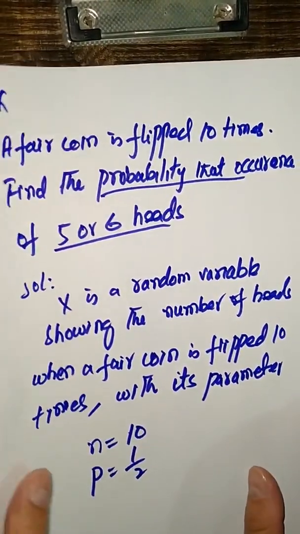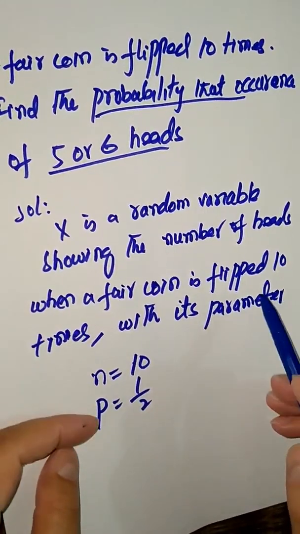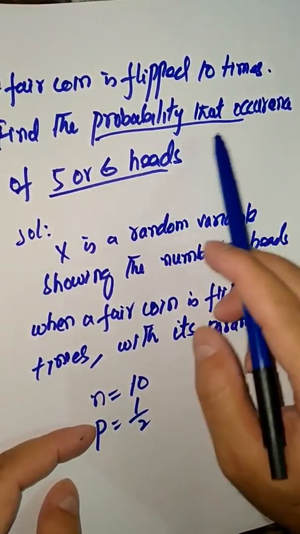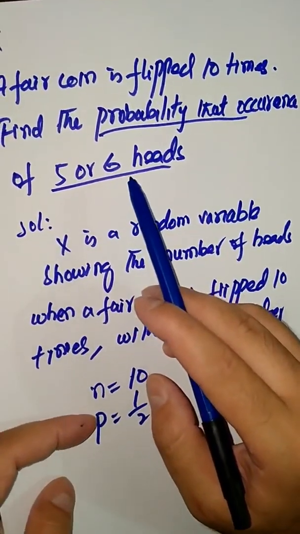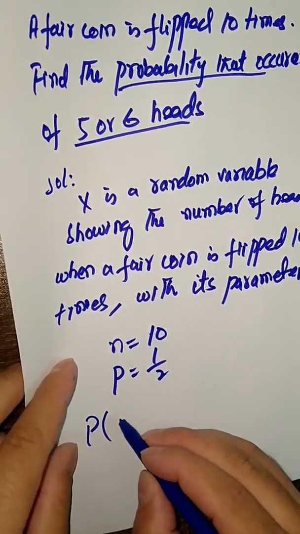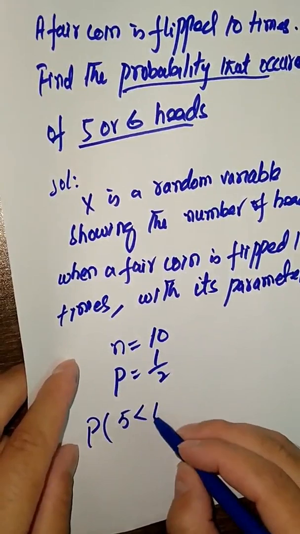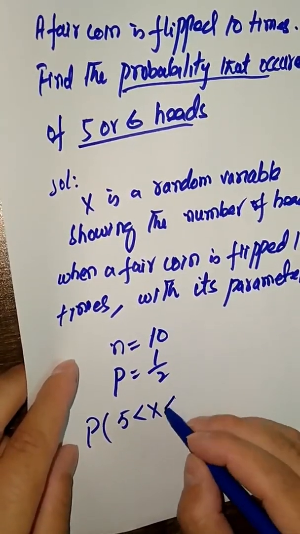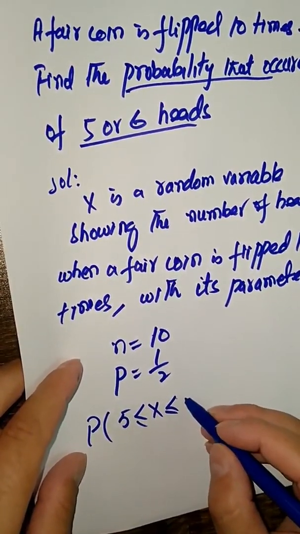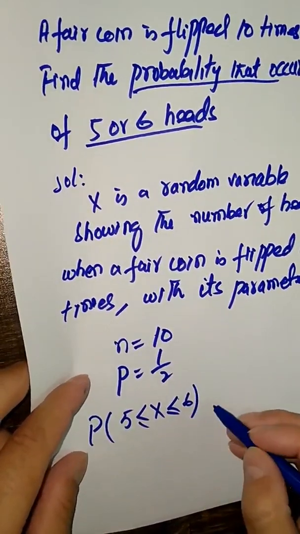So next we have to find the probability that head will occur 5 or 6 times. So the probability that x is greater than or equal to 5 and less than or equal to 6.